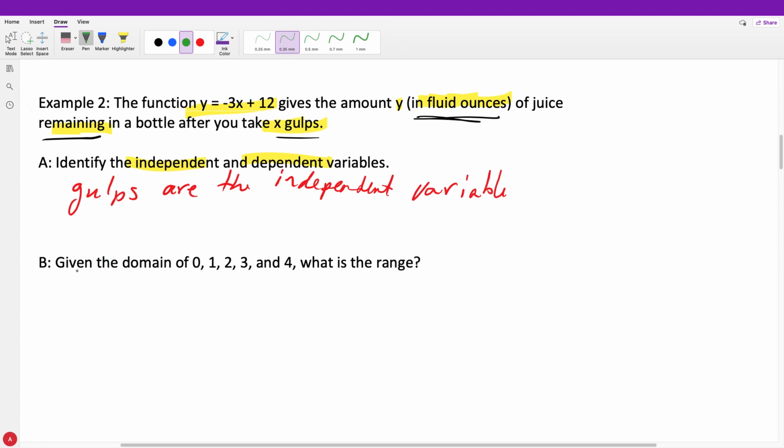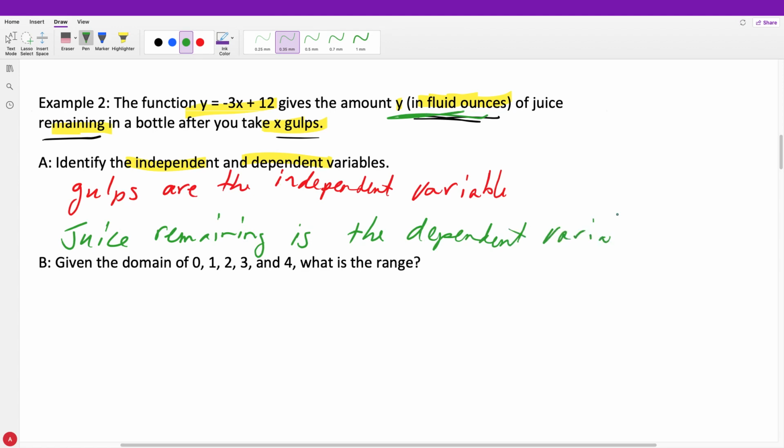And then what's dependent is the amount left. So the juice remaining, or our y value in this case, is the dependent variable, because however many gulps we take is going to affect how much juice is remaining.